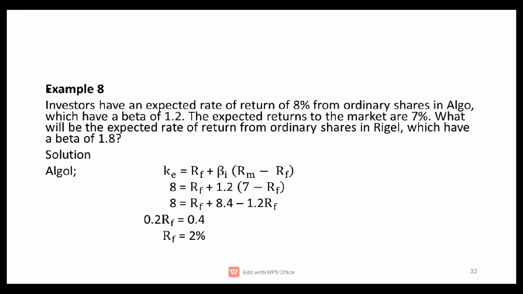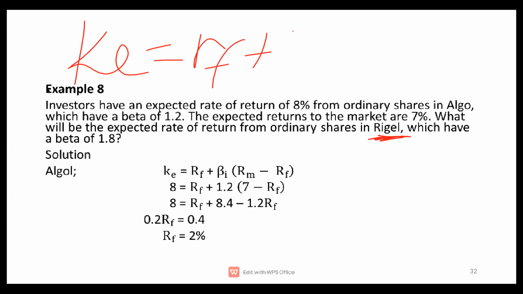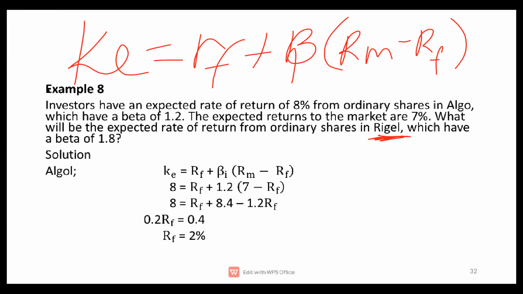So the cost of equity for this other company shall be given as the risk-free rate plus the beta that we have times the risk premium. And I told you last time that the risk premium is simply the difference between the return from the market and the return from the risk-free investment.